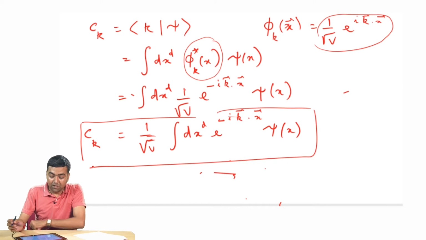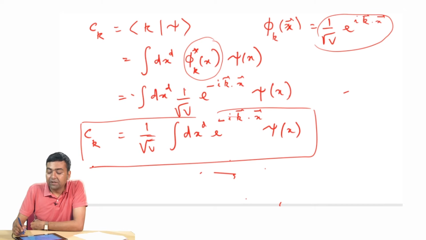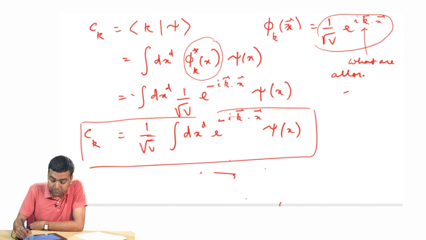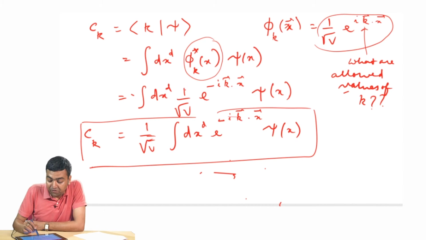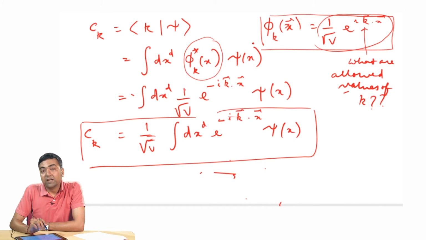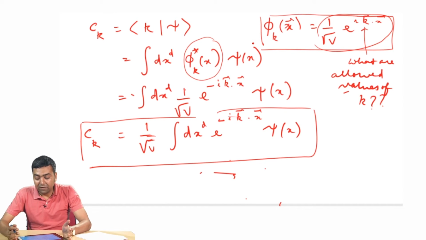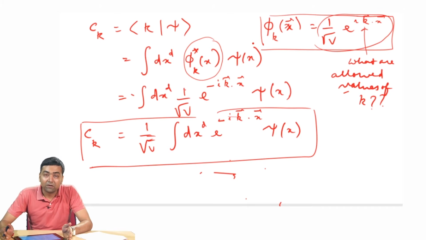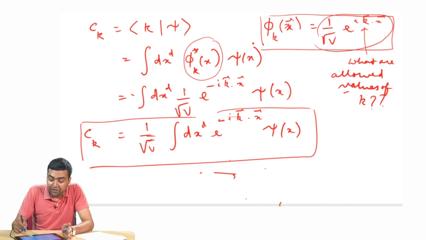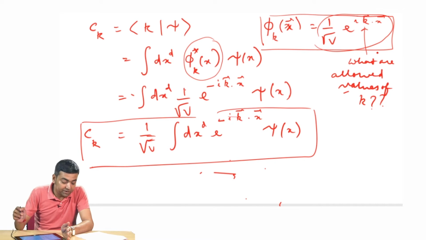Now, since these are discrete bases, the question is what are the allowed values of k's here. If you remember, this function is nothing but a plane wave. Now, if I have a plane wave and then I impose periodic boundary condition, what you can show is that these k's can take discrete values.